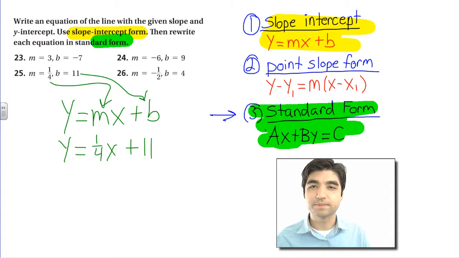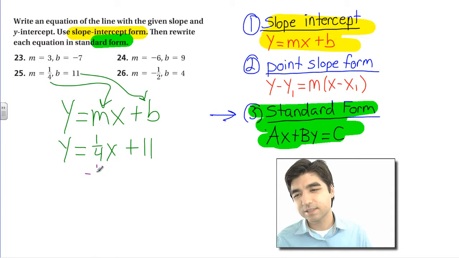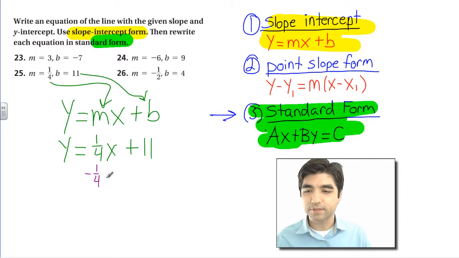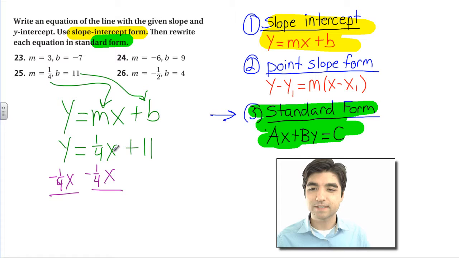So here's what we need to do. We need to subtract 1/4 x. Let's do that way first. Subtract 1/4 x here, and subtract 1/4 x over here. Okay. Then the x's cancel out on this side, so you just have 11 equals -1/4 x plus y.